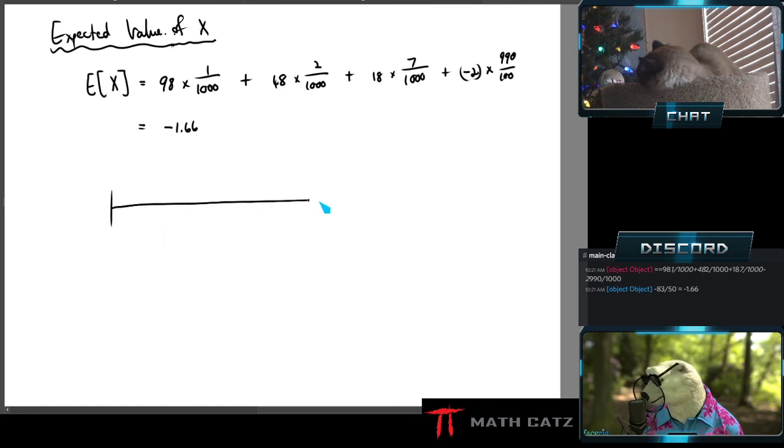Now this number can tell me a whole bunch. If I look at the range from -2 to 98 of possible values of x, the expected value can be interpreted in two ways. It sits right next to this, -2.